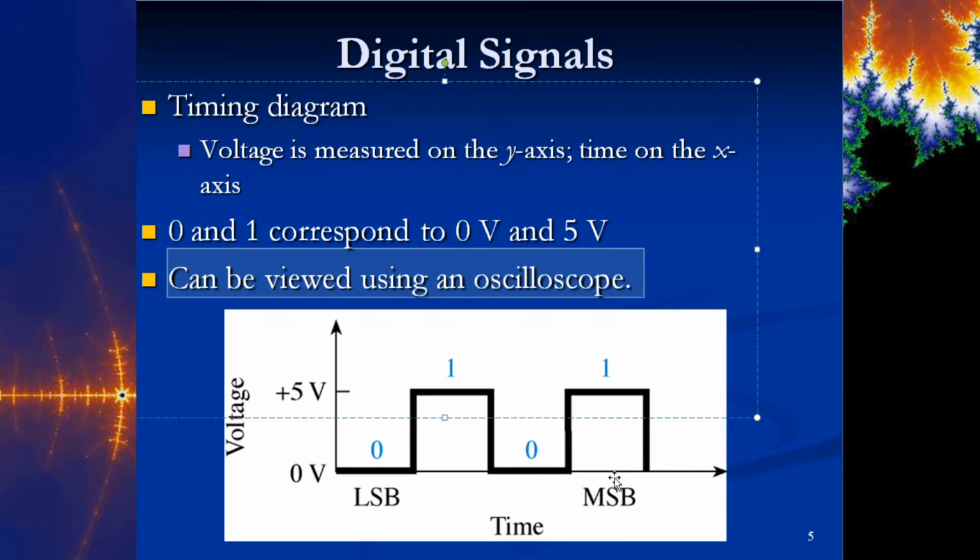So we also have in our Quartus that we're going to be using, it has a simulator which will mimic what an oscilloscope would see. And so you'll get to see that as well. Okay, but this is how we look at our digital signals. How do they change over time? And at any point in time, what are different inputs doing together to make a change? Okay, and that's when we start looking at the gate logic.